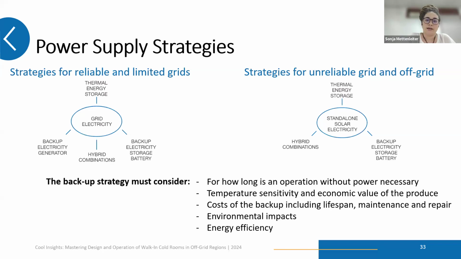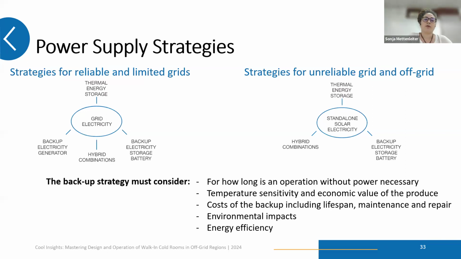When we look at strategies for unreliable and off-grid situations, we will need a standalone solar system that can be backed by either thermal energy storage or by electricity storage in the form of a battery, or a combination of both.